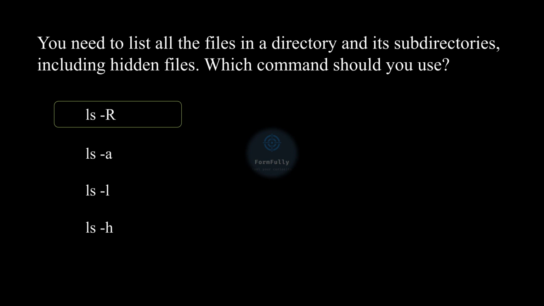Option 2, ls -a, is not correct as it only lists hidden files in the current directory. Option 3, ls -l, provides a long format listing of files, but it doesn't include hidden files. Option 4, ls -h, displays file size in a human readable format, so this one is also incorrect. So the correct option is ls -R.